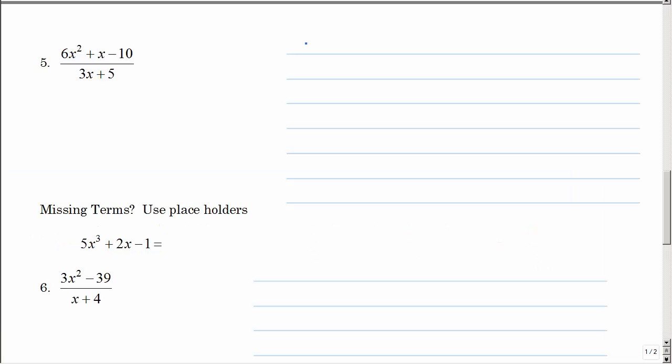Number 5, we're going to take the denominator and divide it into the numerator. Everything's in descending order. We're going to look at just those first terms, and that's what we're dividing. We're dividing 6x squared by 3x. So that's like dividing by a monomial, what we just practiced. So 3 goes into 6 2 times.